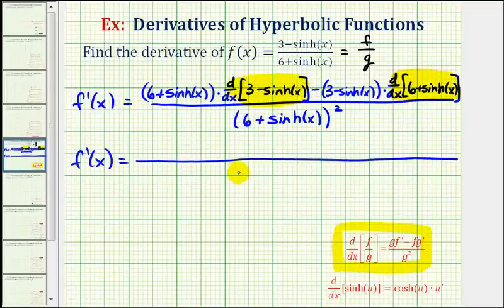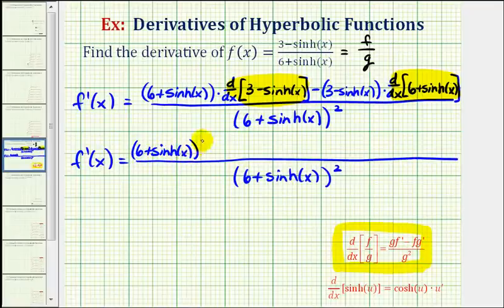The denominator stays the same, 6 plus hyperbolic sine x times the derivative of 3 minus hyperbolic sine x. The derivative of 3 would be 0, and the derivative of negative hyperbolic sine x would be equal to negative hyperbolic cosine x.